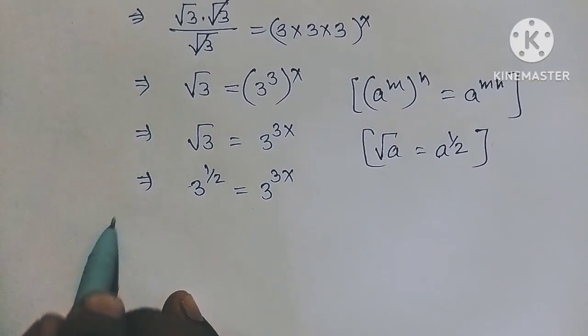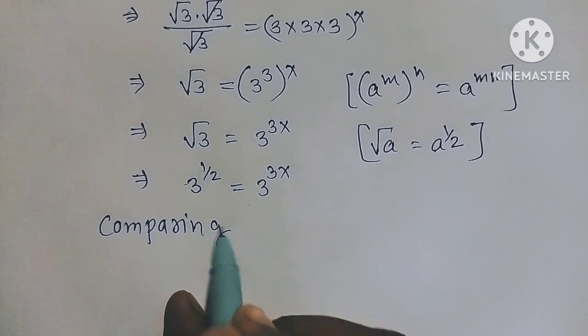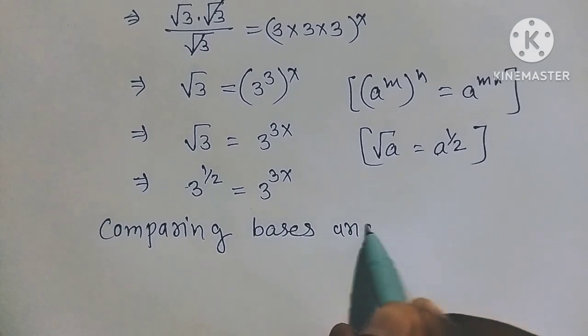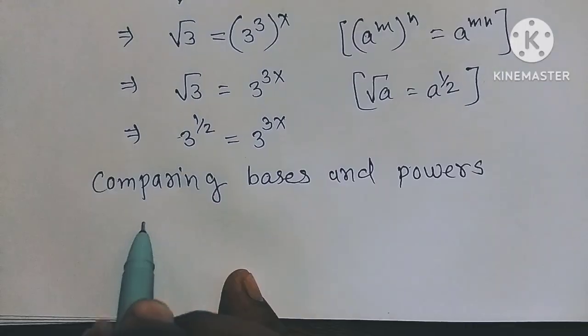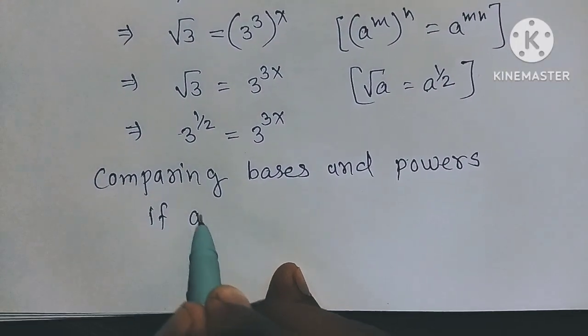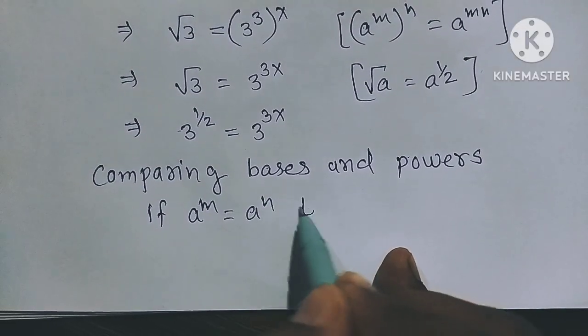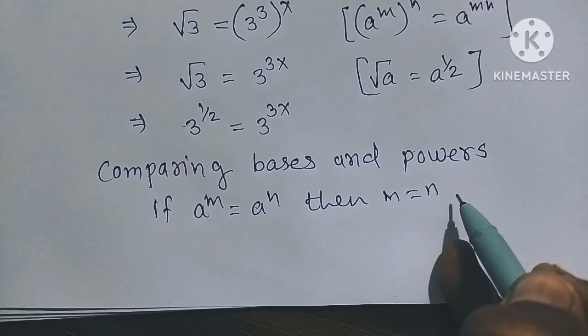Now here comparing bases and powers. If a raised to the power m equal to a raised to the power n, then m is equal to n.